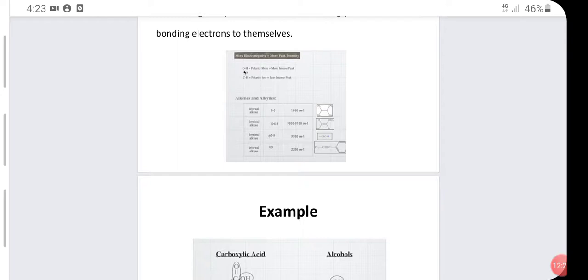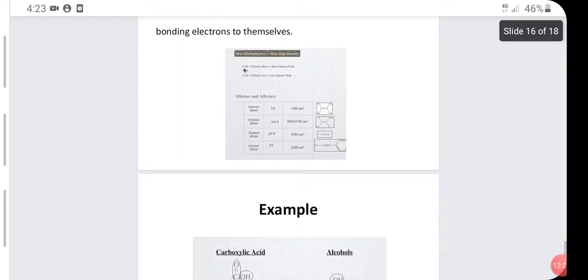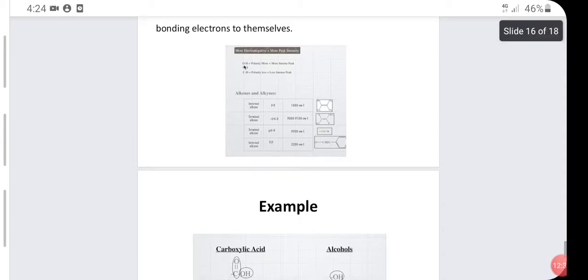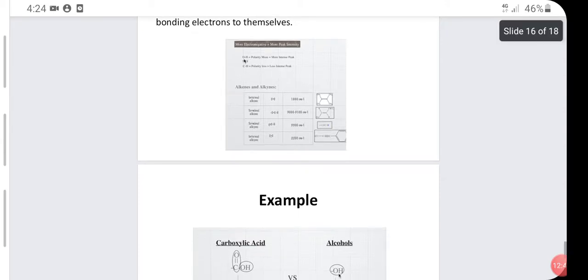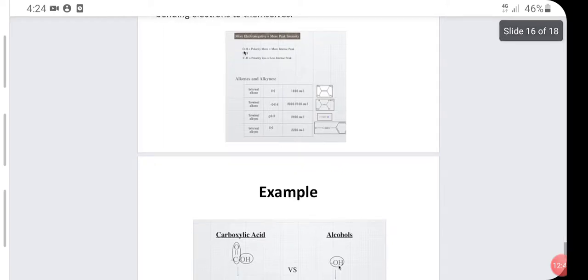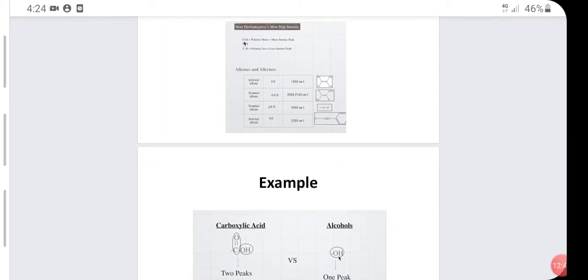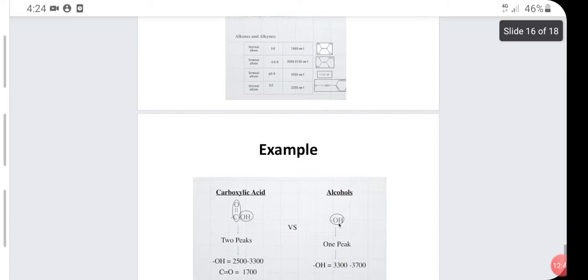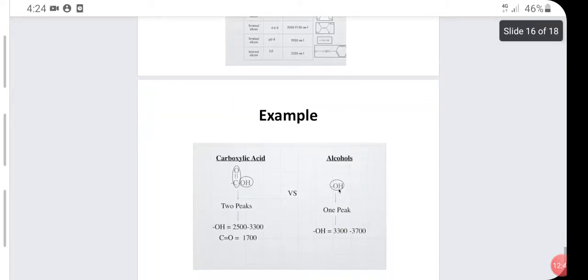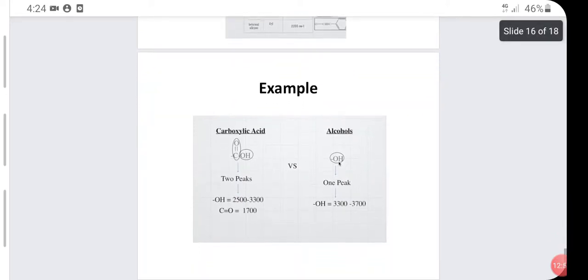Internal alkenes are those alkenes in which carbon is not attached with hydrogen atoms, while the terminal alkenes are those alkenes that are attached with hydrogen atoms. So this is the difference between internal alkenes and terminal alkenes, and that's why they give different wave numbers and they give different peaks in IR spectrum.